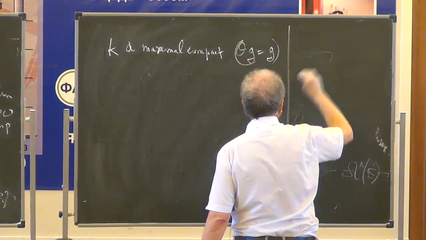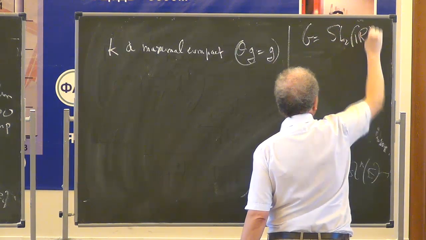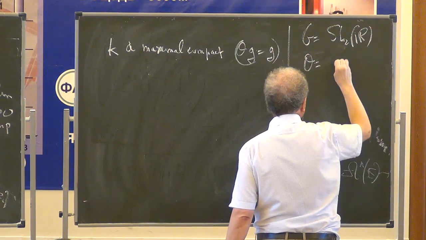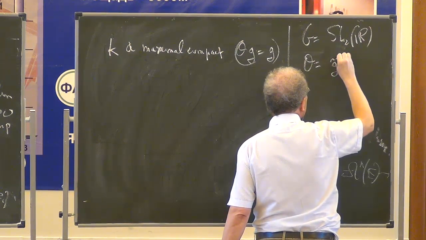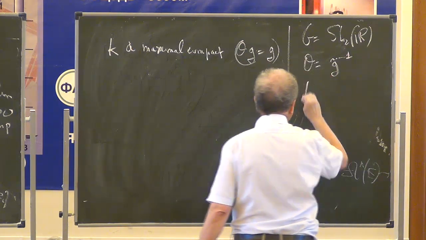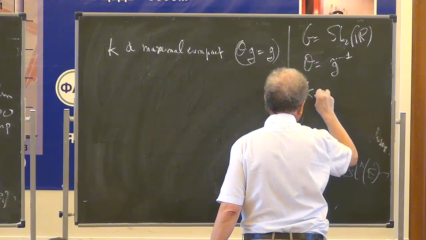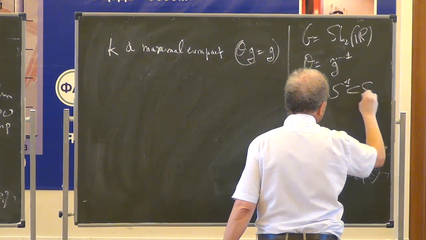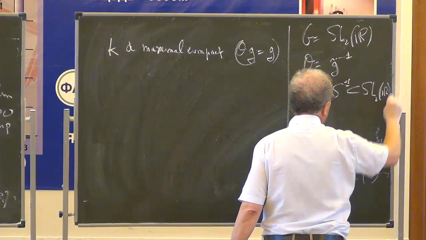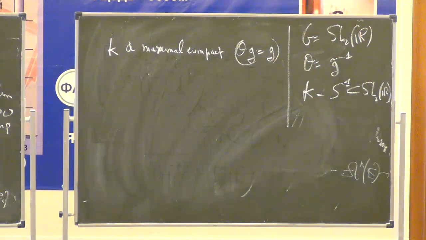Maybe to fix ideas, if G is SL2(R), theta is just g goes to the transpose inverse of g, and K is just the group of isometries, so K is just S1 embedded in SL2(R). These are the isometries of the vector space, so essentially the rotation group. The rotation group of R2 embeds into SL2(R).